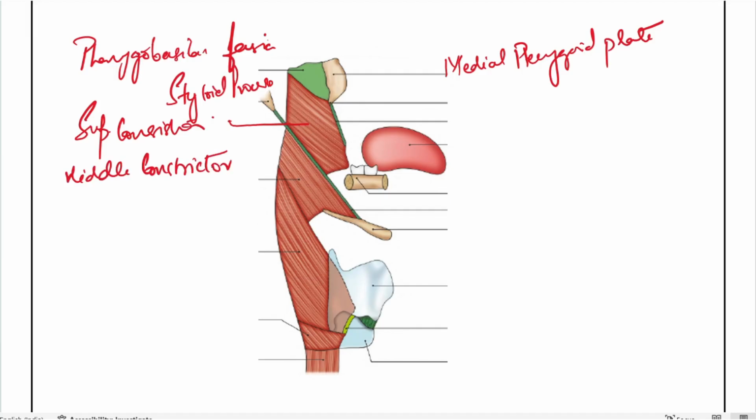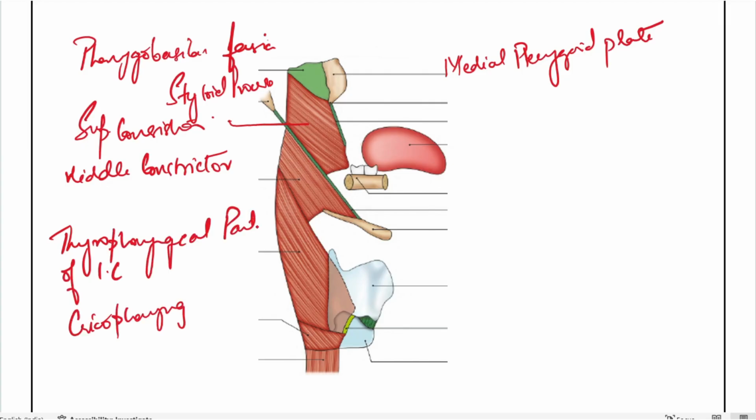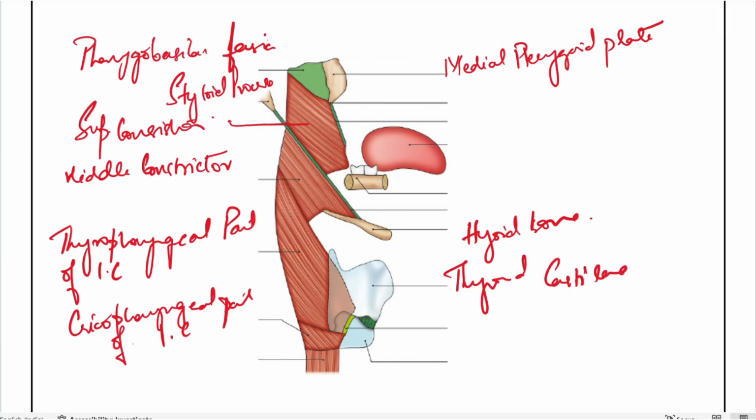This one is your thyropharyngeal part of the inferior constrictor. This one is your cricopharyngeal part of inferior constrictor. This is your hyoid bone. This is your oblique line of the thyroid cartilage. And this is your cricoid cartilage.